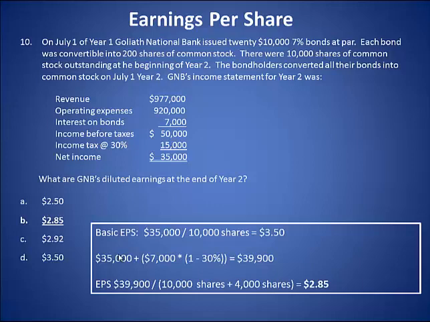So it's going to be the $35,000 net income plus the $7,000 of interest on bonds times the effective tax rate, and that comes to $39,900. So the diluted earnings per share is $39,900 divided by our 10,000 shares plus the additional 4,000 shares of common stock, and that equals $2.85 a share.